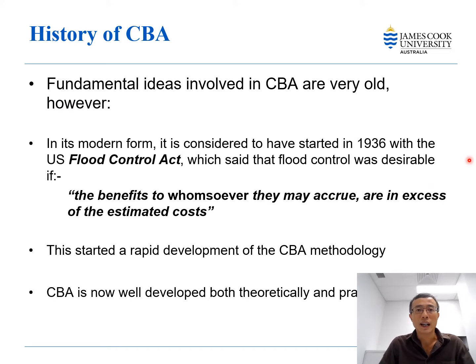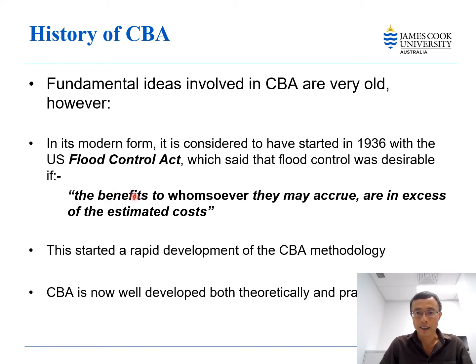All right, the idea of CBA is actually quite old. It starts from 1936 with the U.S. Flood Control Act, which says that flood control was desirable if the benefits, to whomsoever they might accrue, are in excess of the estimated costs. So here, two things are important.